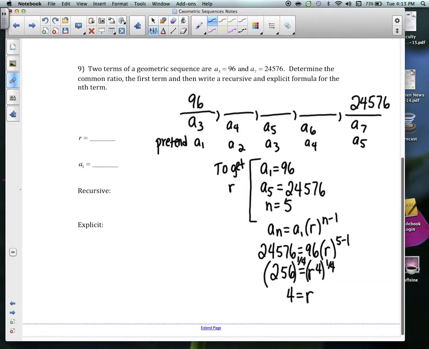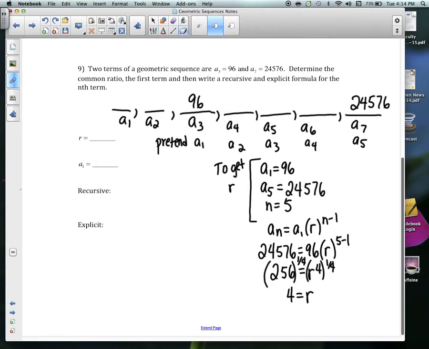Now in order to figure out our actual A1, we can now go backwards from our original thing and divide. Whoops, I did one too many lines there. So normally I'd be multiplying to go forwards.